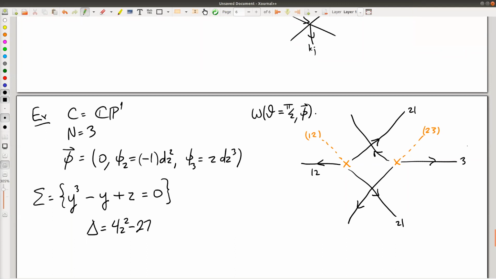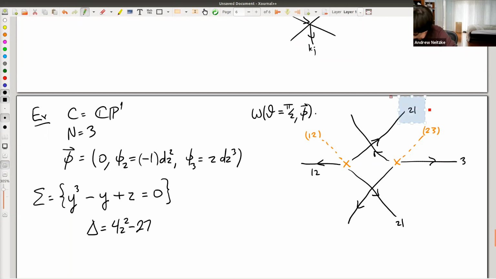Andy, is one of the two ones 1, 2? Because there seems to be a contradiction. Yes, this should be 1, 2. So this should be 2, 3. Oh yeah, it's okay. This is 3, 2.